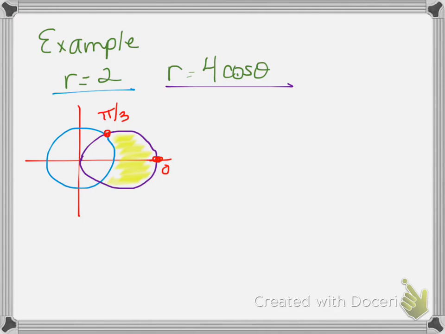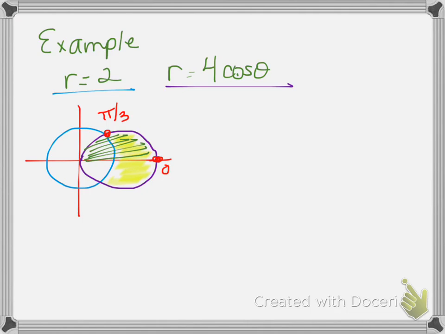So if I started, which one do you think would come first? The 4 cosine theta or the 2? The 4 cosine theta, because it's farther away from the axis, right? So if I'm trying to find the area, it seems like if I could find maybe all of that, because your angles are coming from 0, 0, okay?